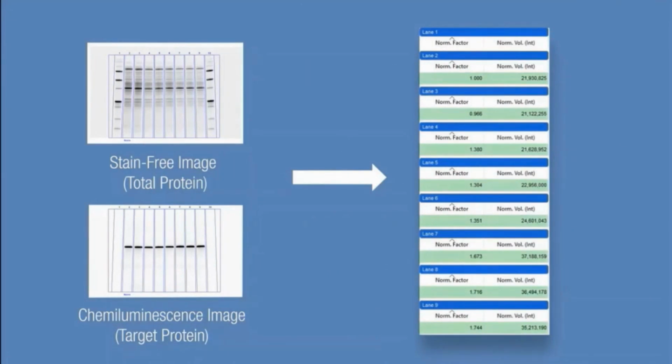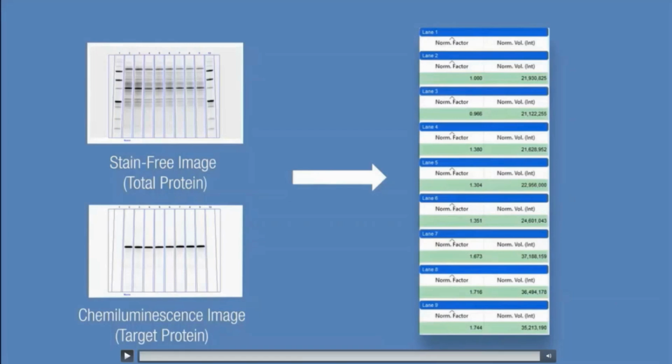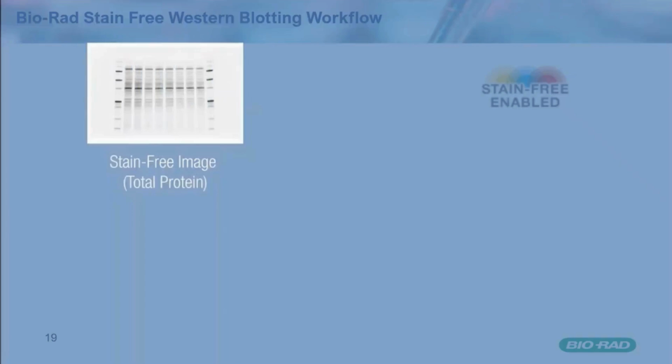When we integrate all this data, it comes automatically: you will see your normalization factor and your normalized band intensity as an Excel table or ImageLab table. So it's quite easy and simple, and all these procedures take just 5 to 10 minutes. It's just related to choosing the correct shape of the lanes and detecting the bands. That's all. So as you see, it's quite easy.